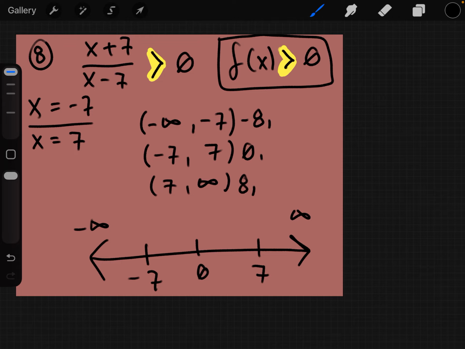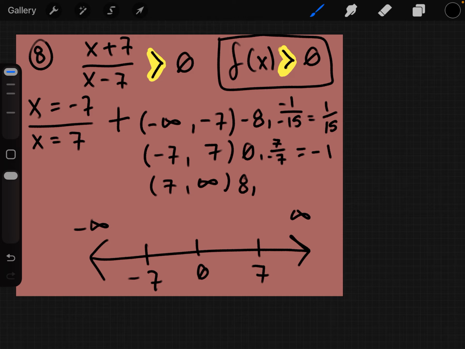So, just plug your test points into this. Negative 8 plus 7, that's negative 1 over negative 8 minus 7, negative 15. 1 over 15. Doesn't matter what it is, we just need to know if it's positive or negative. 0 plus 7, 7. 0 minus 7, negative 7.